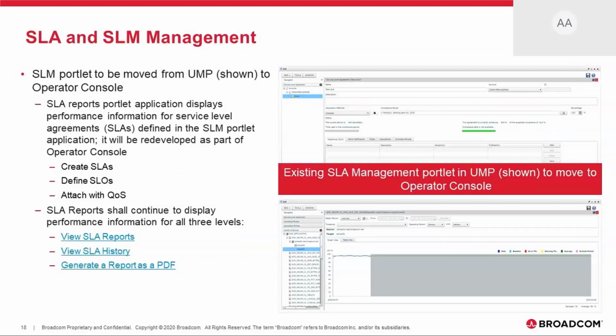Another functionality we plan to recreate on the operator console is service level management. Users will be able to create their SLAs and define SLOs as before. In case you have already created your SLA reports based on the defined SLOs, you will be able to export from a previous release and import those back onto the operator console.